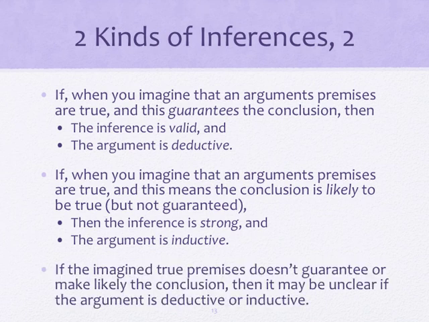And think about a terrible argument. Jane lives in Florida, therefore she speaks Chinese, right? That premise doesn't guarantee nor make it likely that Jane speaks Chinese. And if that's the case, it's not really clear if it's deductive or inductive, but at that point it doesn't really matter.